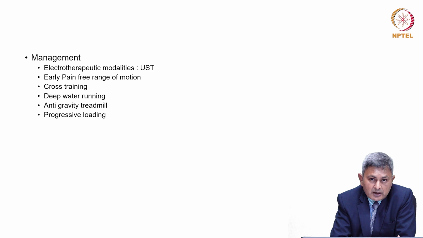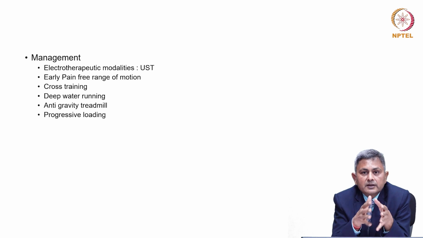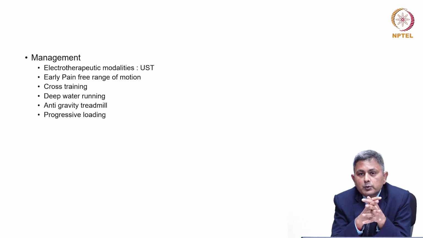The same protocol applies for isotonic, isometric, and stability exercises, like pelvic girdle stability exercises for all four movements that occur at the glute area: flexion, extension, abduction, and adduction. You have to stabilize this, then strengthen your knees, calf muscles, and thigh muscles, and simultaneously do stability exercises for the ankle joint also.